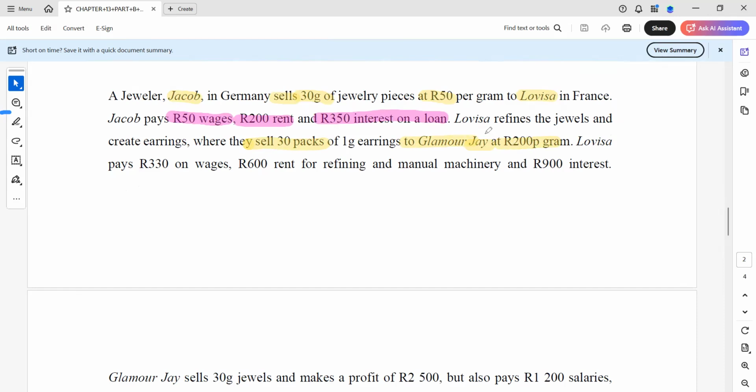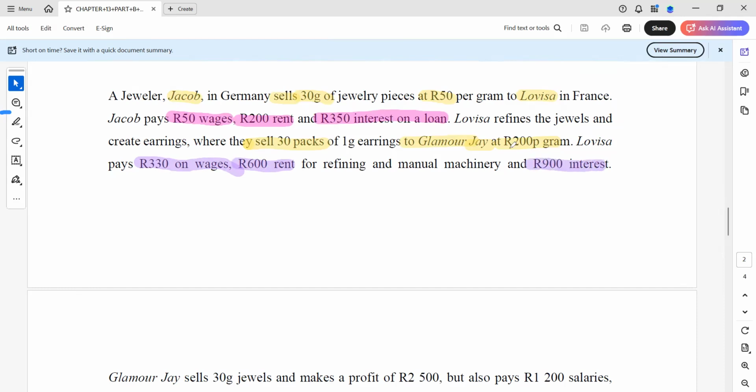And then Lovisa also has its own people within the shop that he has to pay their wages. So he pays wages of 330 and also pays 600 for the rent. He's also renting the space. He doesn't own it. And then for refining and manual machinery, okay, for renting and so on, and also pays 900 rand for interest, right?